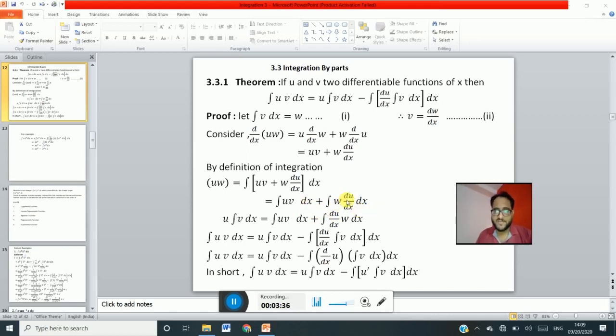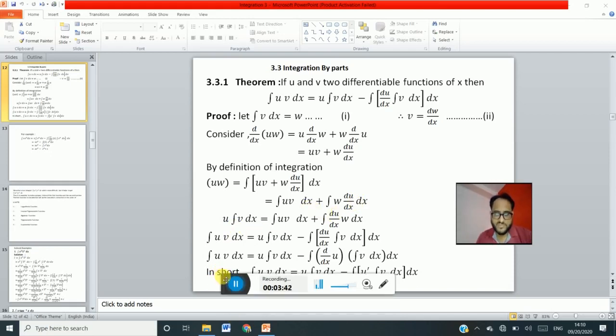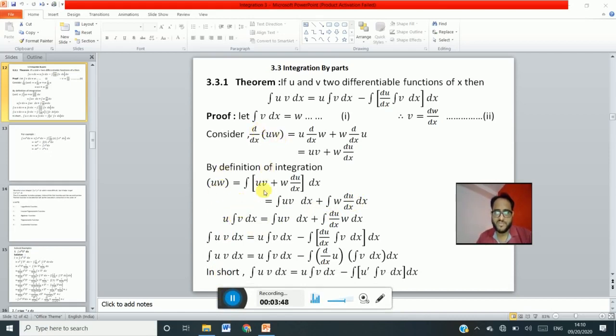So what is the next step here? See that integration of u into w, where w is integration of v dx, equals integration of uv dx plus integration of du by dx into w, right?